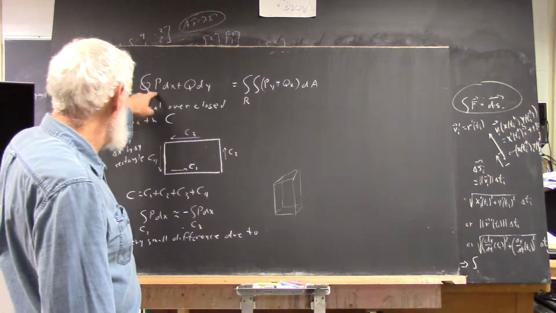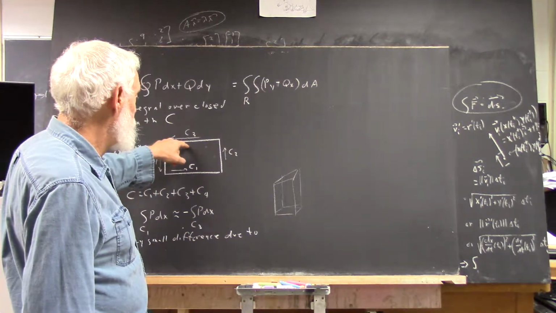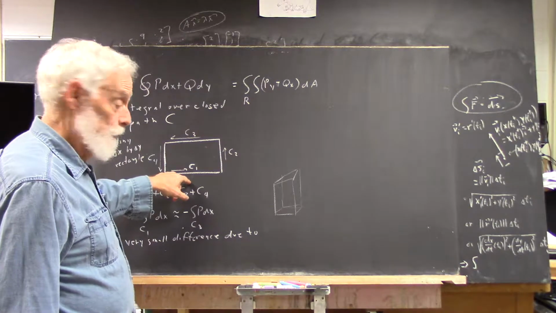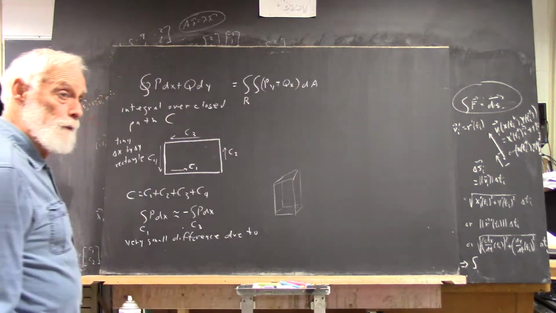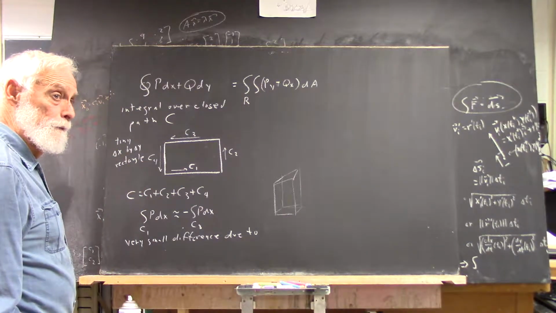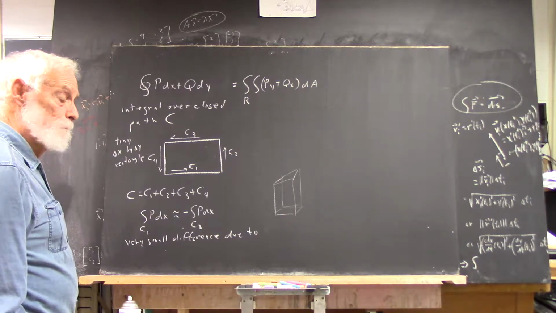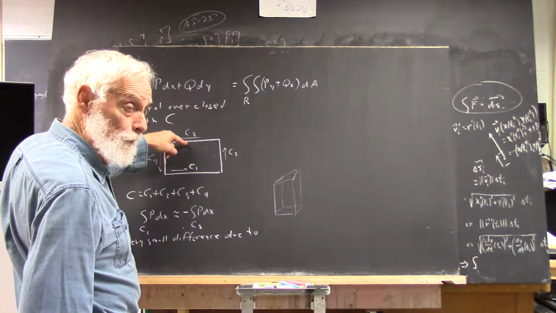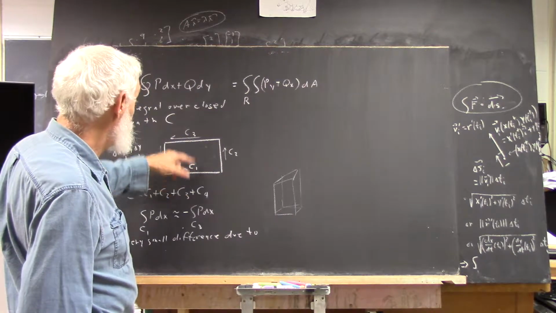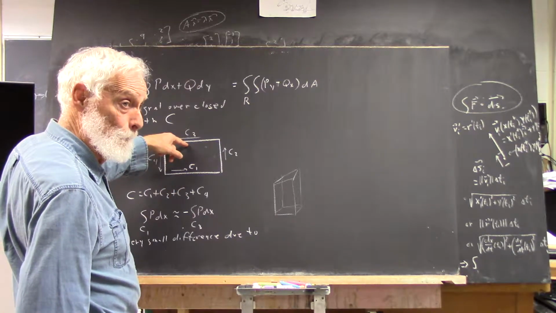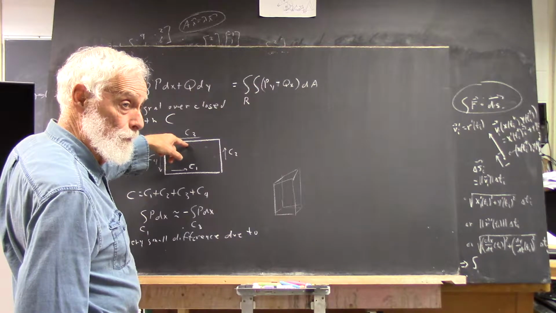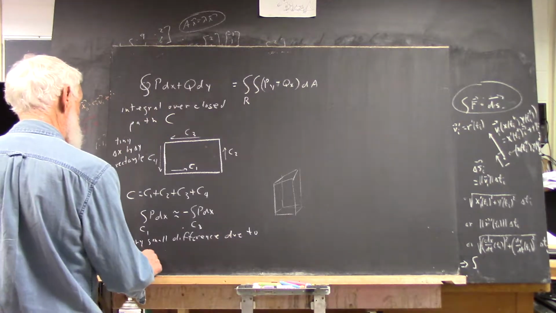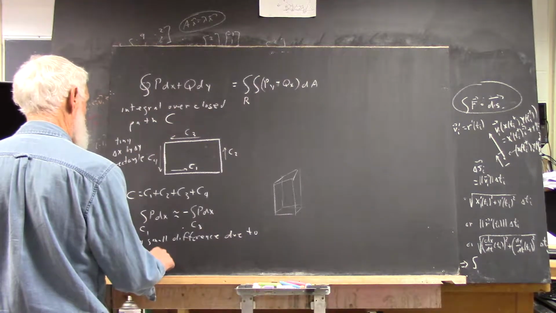What aspect of p causes the function to be different here than it does here? Well, what changes between here and here? What coordinate changes between here and here? I guess y. Yeah, due to the change in y.